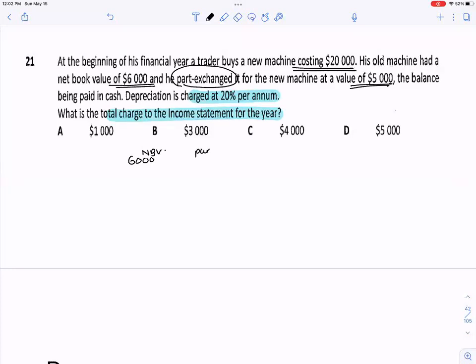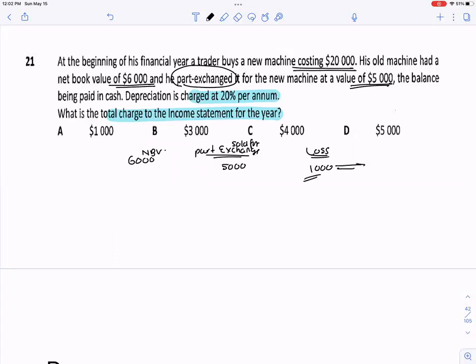He has part exchanged. When you part exchange your machinery, the value that you get is the amount that you have sold it for. So I can say he has sold it for how much? 5,000. Net book value 6,000, sold for 5,000. So what would be the loss? 1,000. So 1,000 is the loss, that is for sure.